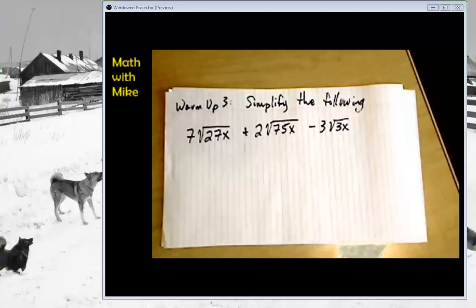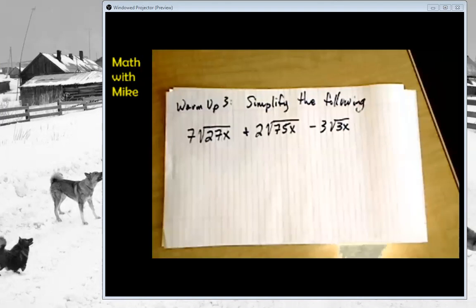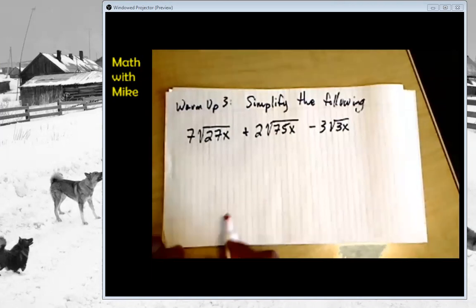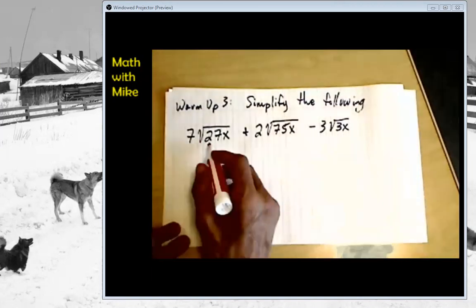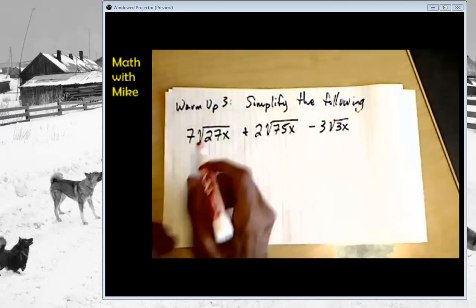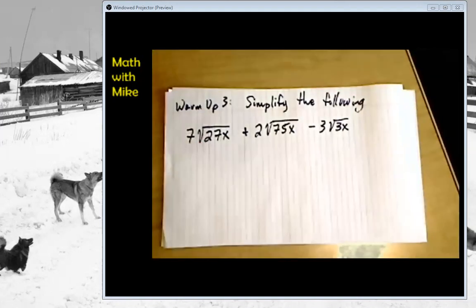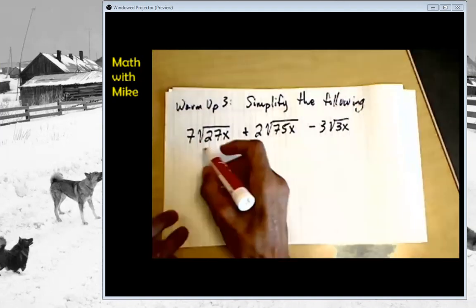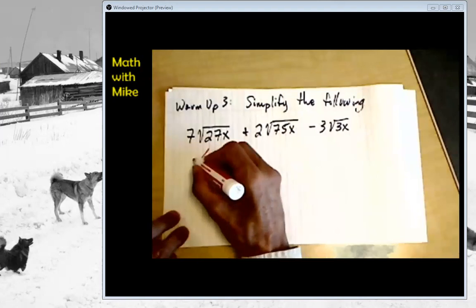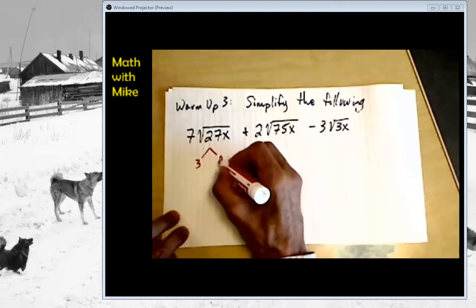Let's take a look at this. How do we approach this question? What do we have to do? Yeah, we can do prime factoring again, I'll do the 27. Divide by 3, 3 and 9, and 3, 3.